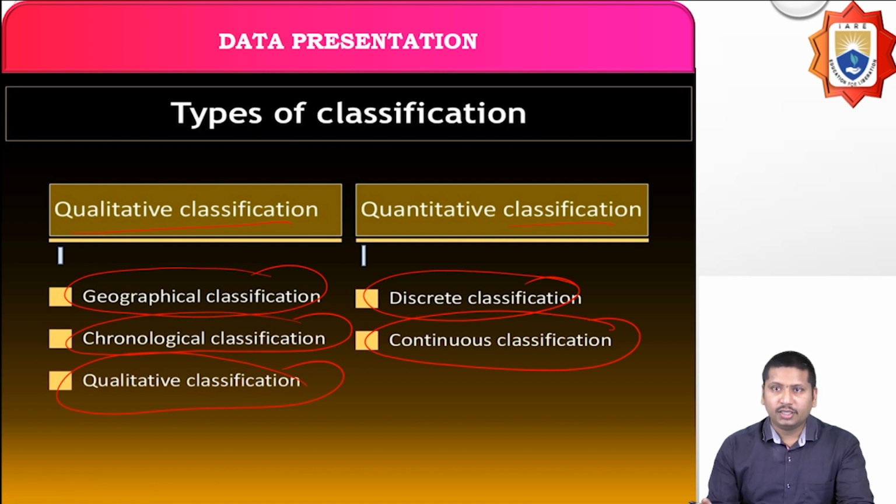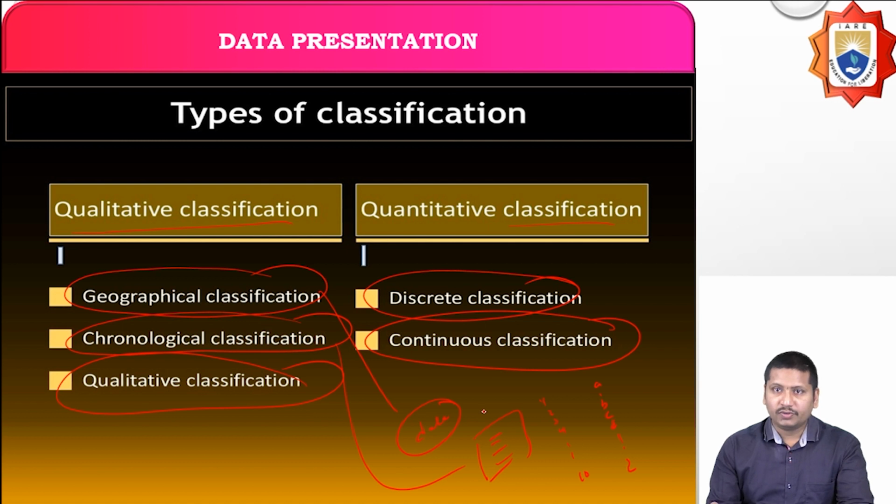These are the different types of classification under qualitative and quantitative. Qualitative means geographical: the data gathered from geographical features is called geographical classification. Chronological classification means once the data is obtained, it has to be arranged in chronological order.